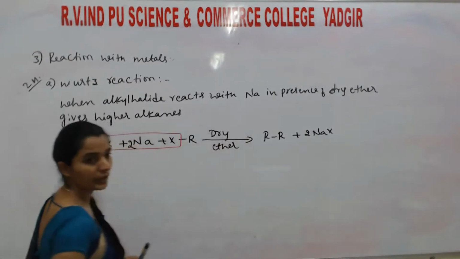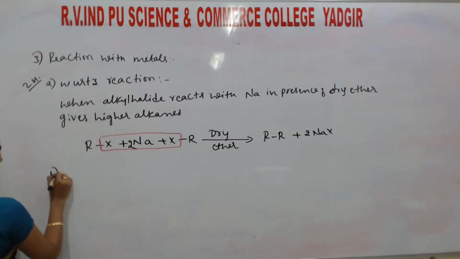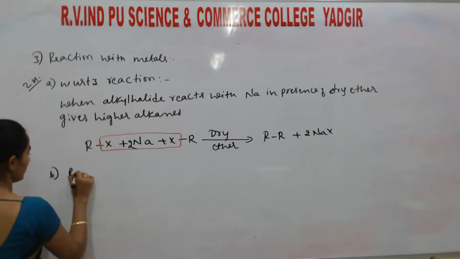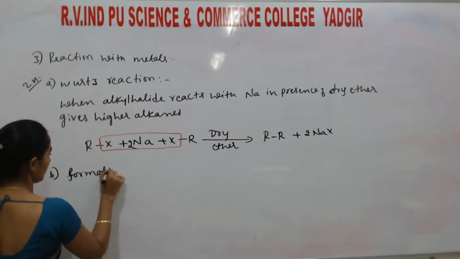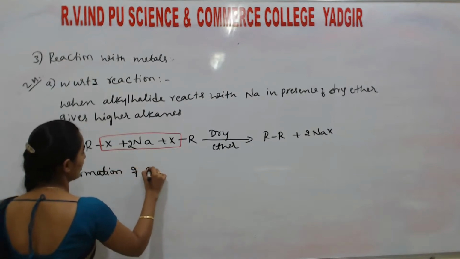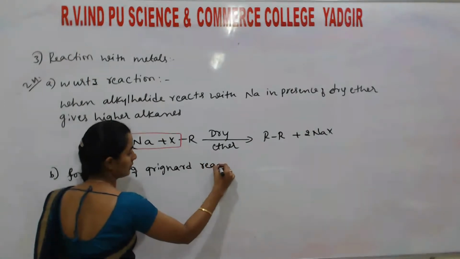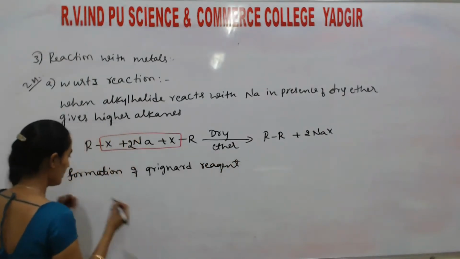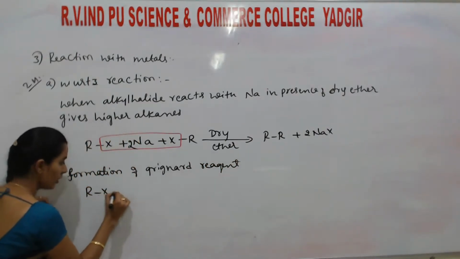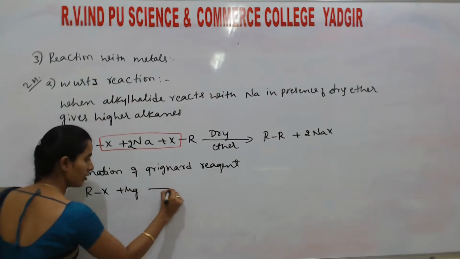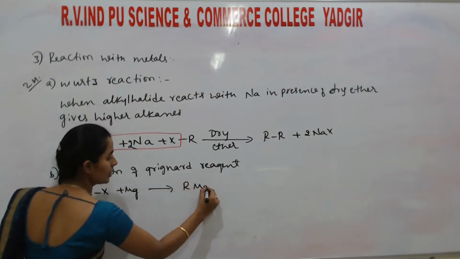Another one is the preparation of Grignard reagent. So here what you will do? This RX compound reacts with Mg and forms RMgX.